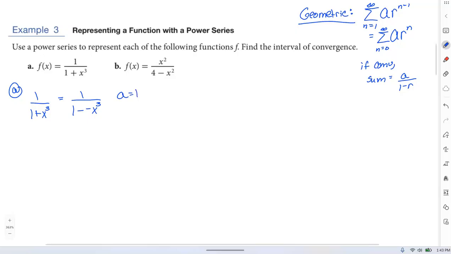So then my a is 1 and my r would be negative x cubed. So I could write that as the sum from n equals 0 to infinity, and we do want these to start at 0, of ar to the n, which is 1 times negative x cubed to the n. And this is going to converge as long as that absolute value of r is less than 1.